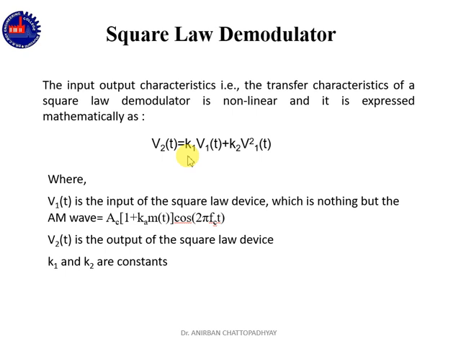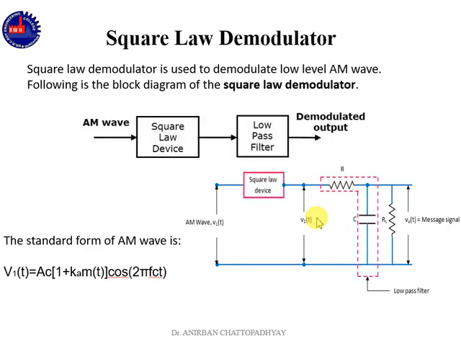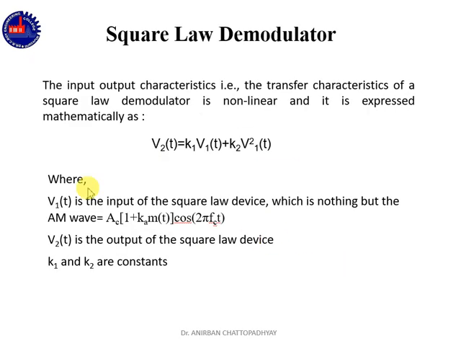V2(t) = k1 V1(t) + k2 V1(t)² + k3 V1(t)³, and those are the higher harmonics. We will consider only the square terms. Here V1 is the input of the Square-law device, which is nothing but the AM wave, Ac[1 + ka m(t)] cos 2πfct. V2(t) is the output of the Square-law device, as shown in the circuit diagram, and k1 and k2 are constants.